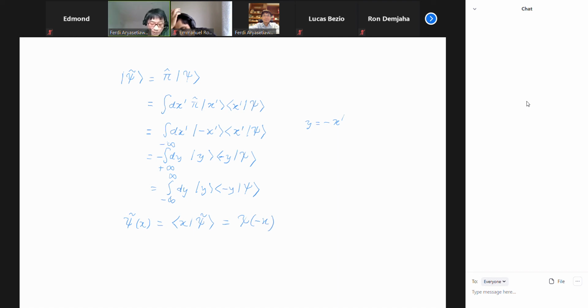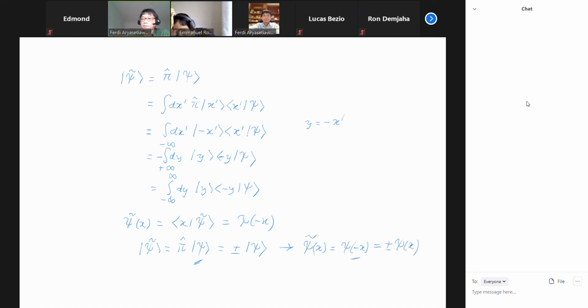So if psi is an eigenket of pi, then psi tilde is equal to pi psi, and it must be plus or minus psi. So we see that the corresponding wave functions will satisfy psi of minus x equals plus or minus psi of x.